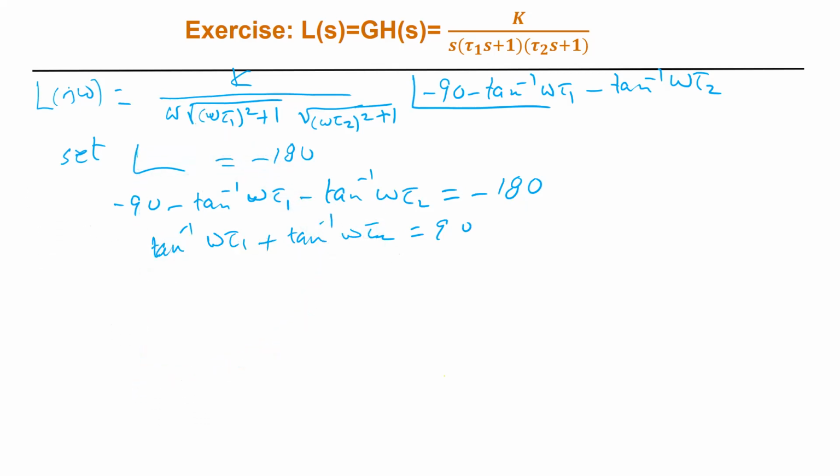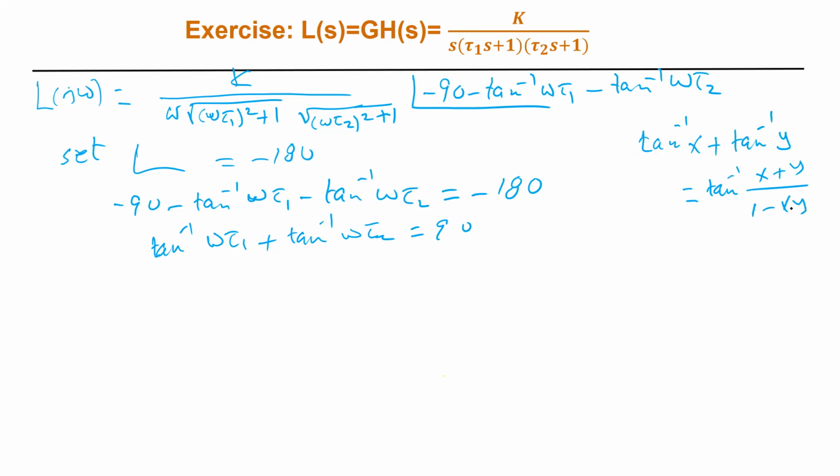Now, from mathematics, this has to be pi over 2. There is a trigonometric identity: tan inverse of x plus tan inverse of y equals tan inverse of x plus y over 1 minus xy.